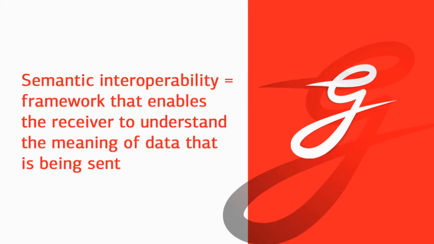So when we say a semantic interoperability framework, we mean a framework that enables the receiver to understand the meaning of the data that is being sent. Well, not only the meaning, by the way. What about naming of variables? When we say a data message through a web service, there is a WSDL, which is a specification of web services.